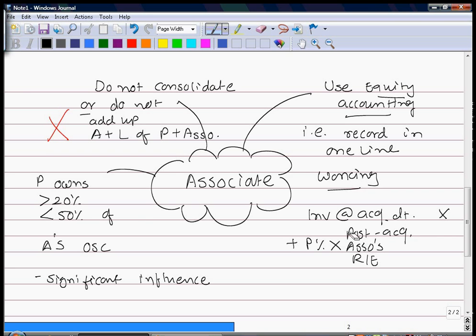So we should say post-acquisition retained earnings. Post ac. Ac means acquisition. So post-acquisition retained earnings into the parent's share.